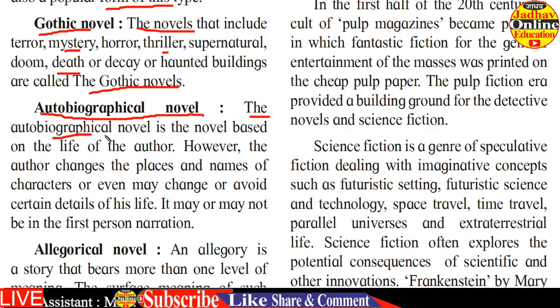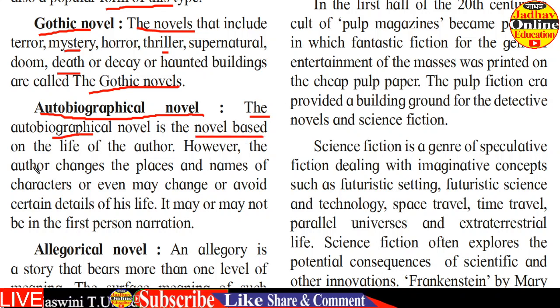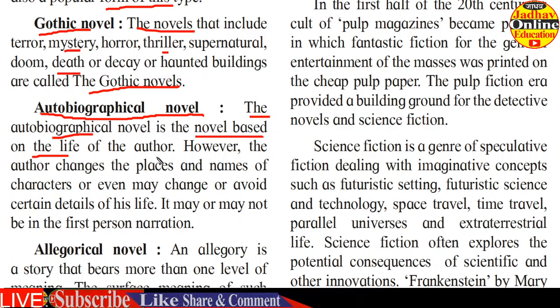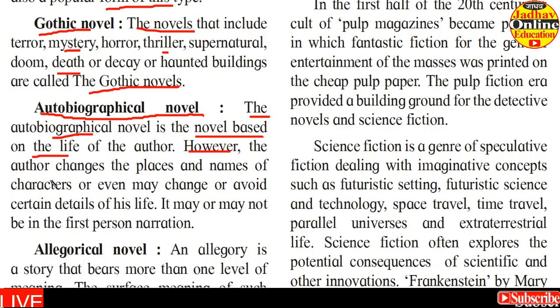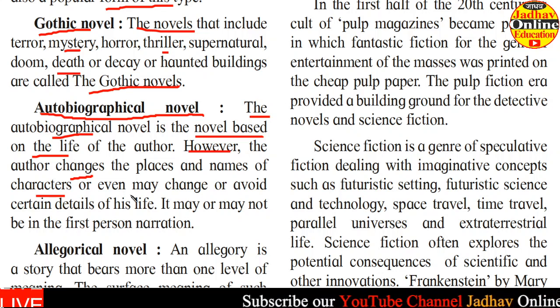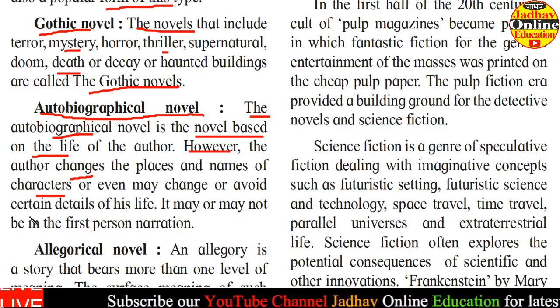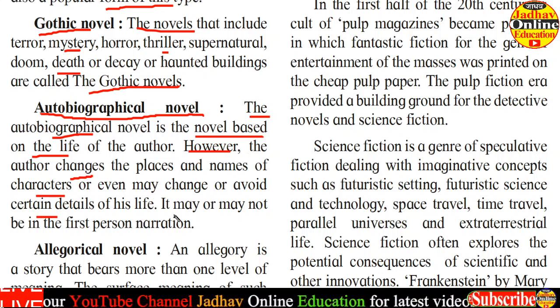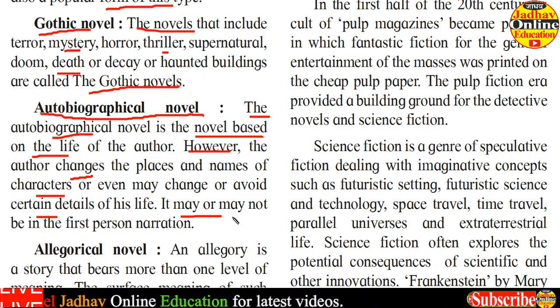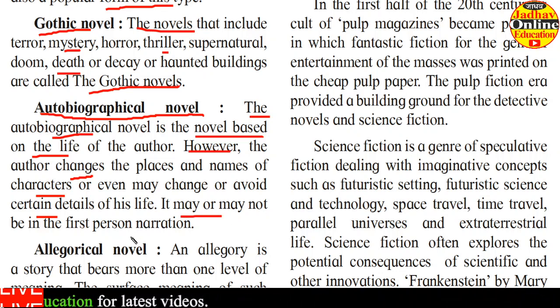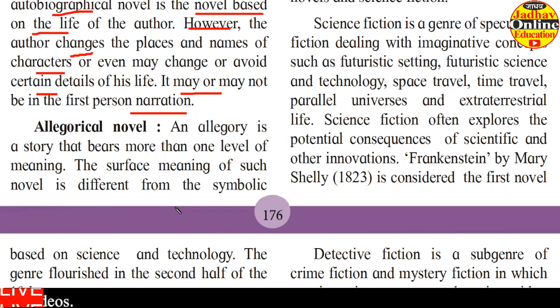The autobiographical novel is the novel based on the life of the author. However, the author changes the places and names of characters or even may change or avoid certain details of his life. It may or may not be in the first person narration.